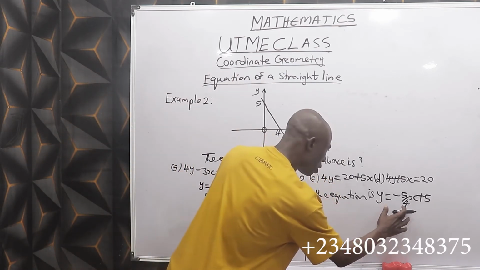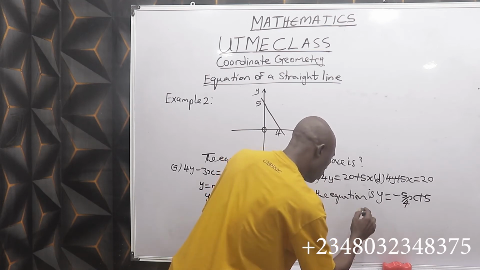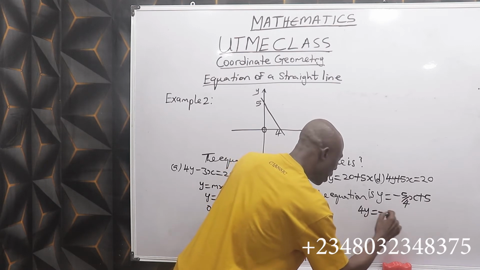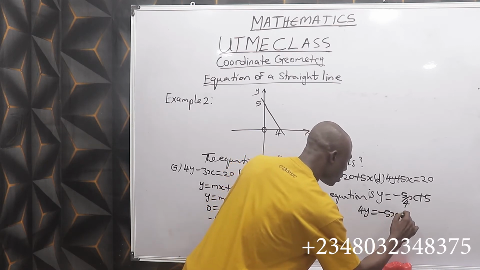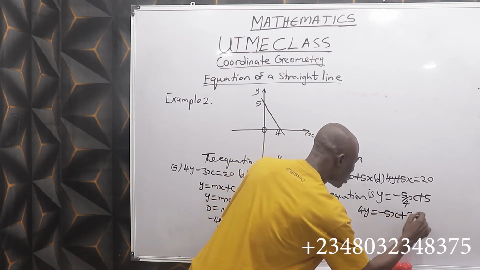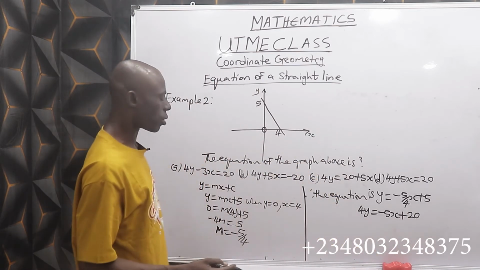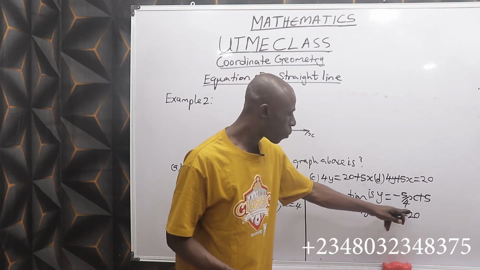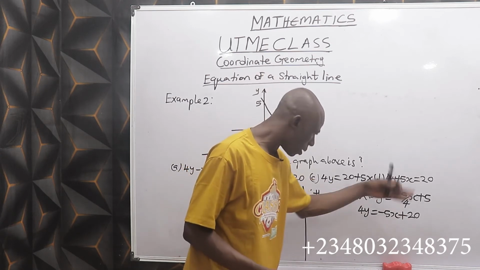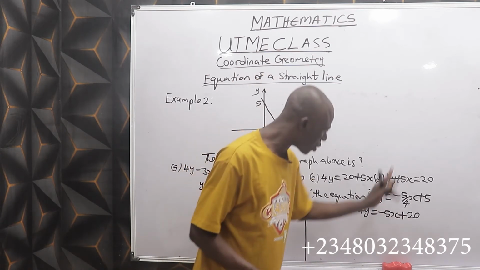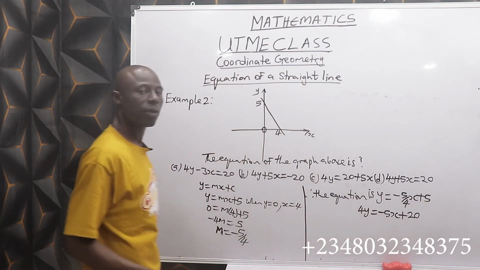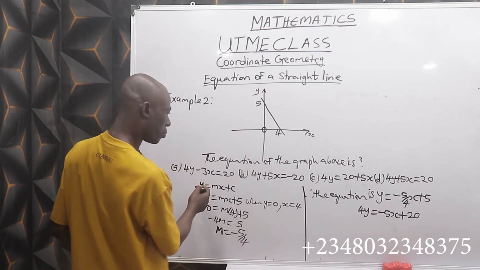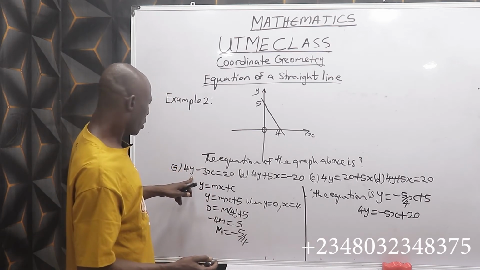To clear the fraction, 4 times y gives 4y equals minus 5x plus 20. That is how to clear the fraction. Use the denominator here, the LCM of the denominator is still 4. Use it to multiply each term. There, it will clear the fraction for you. So what is this like in the option? 4y?